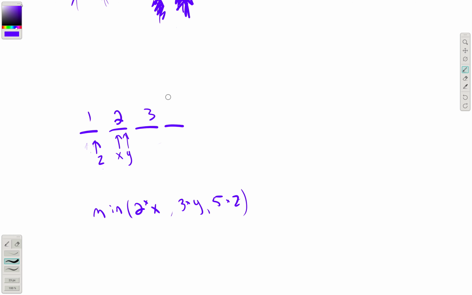Well, it's going to be 4 from 2 times 2. So we know 2 times what x is pointing to, which is also 2, is equal to the last number.